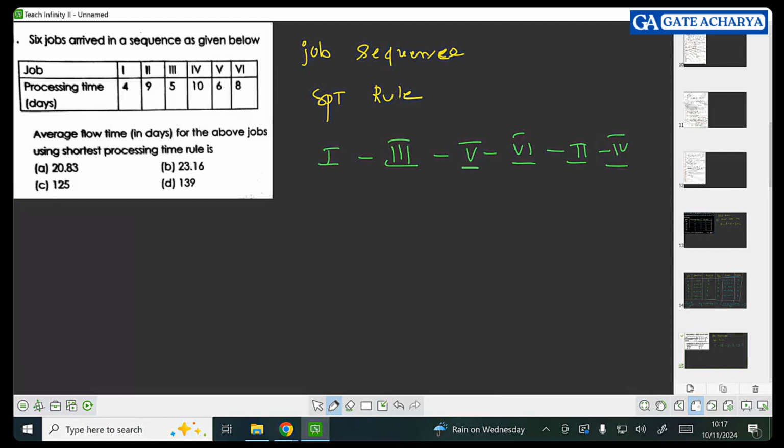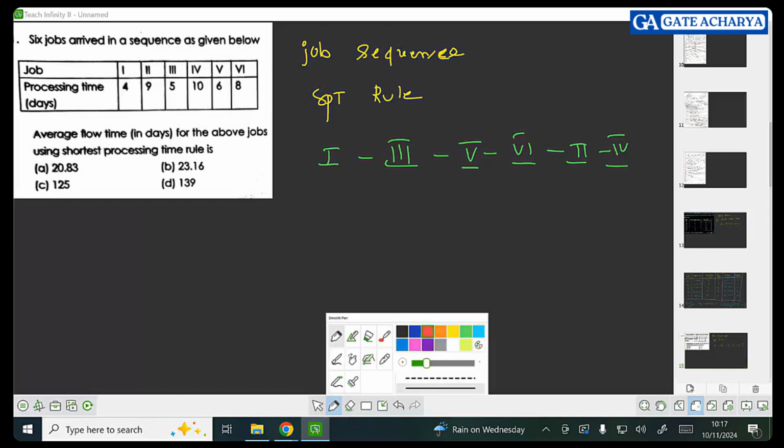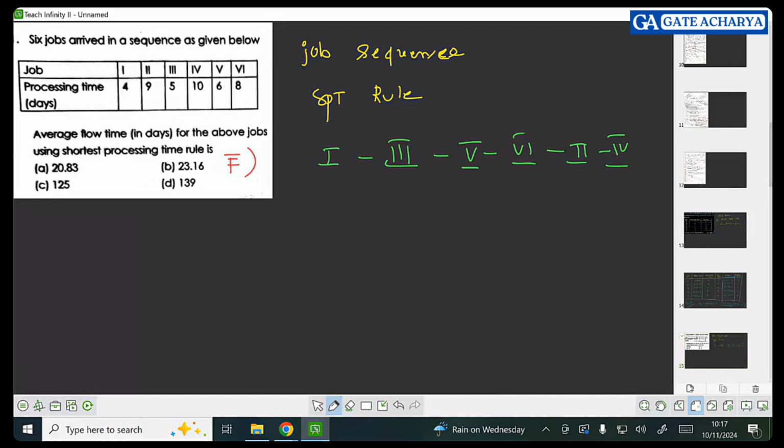So here, how many jobs? 6 jobs. With the SPT rule, we need to find the average flow time. Now you need to find that average, so we follow this sequence. Again, you form the table.